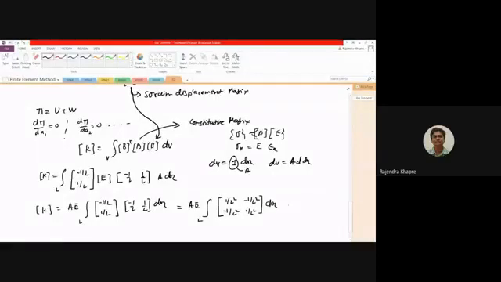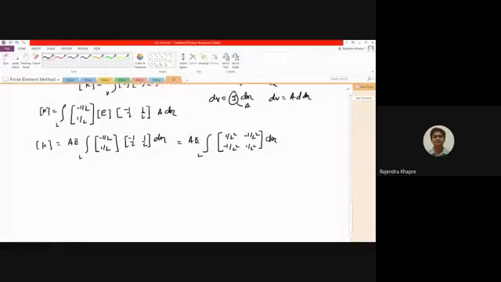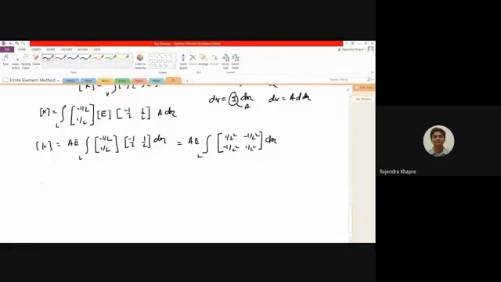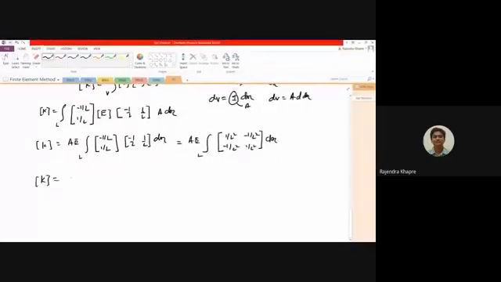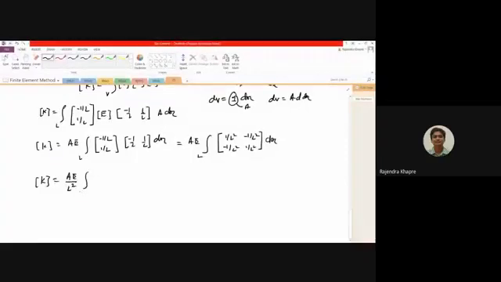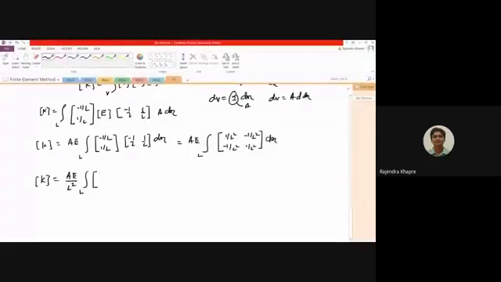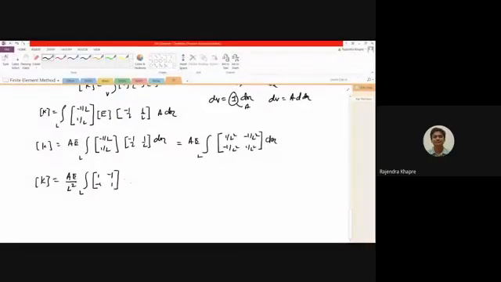Now if I take out L square common, the value of K will be A E upon L square, integration over the length, of the matrix 1 minus 1, minus 1 1, into dx.